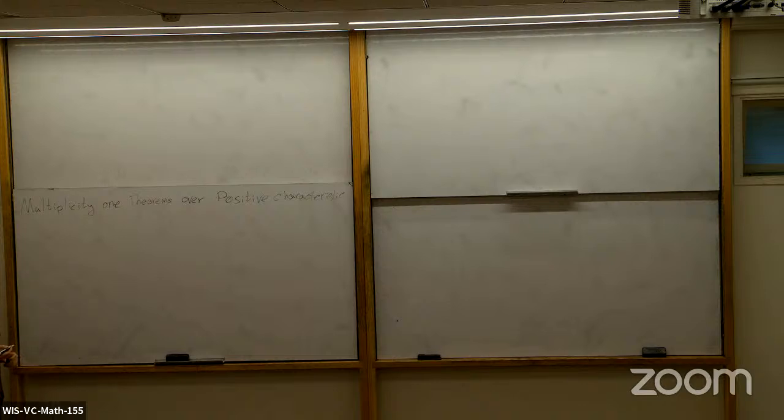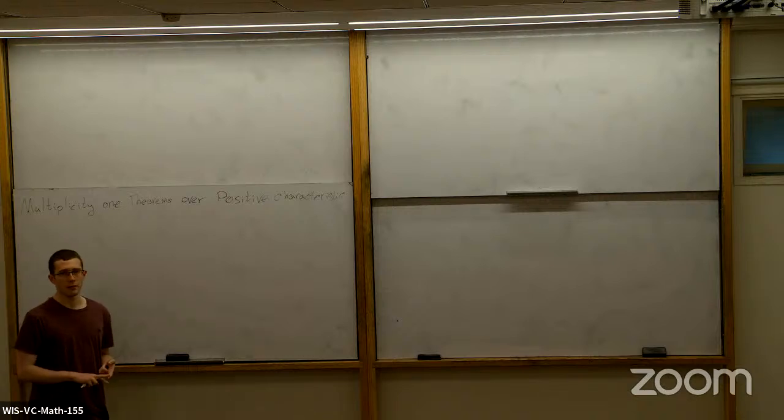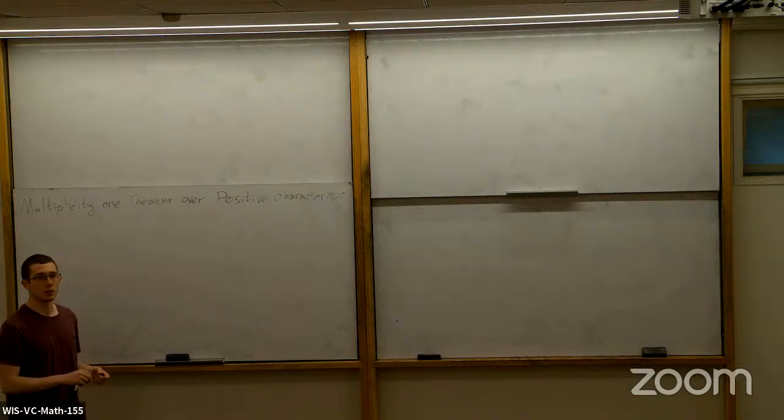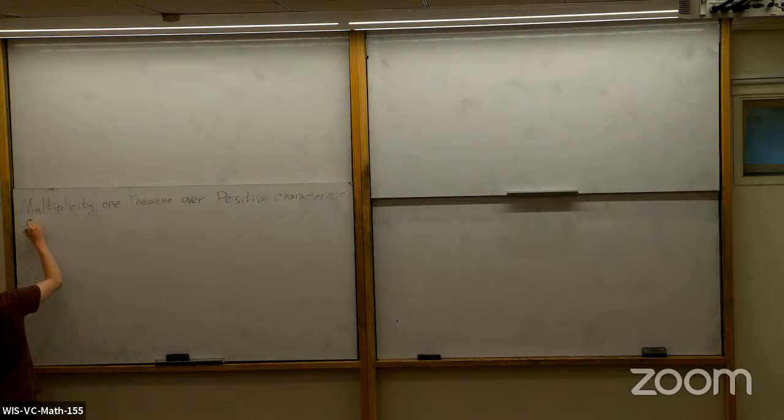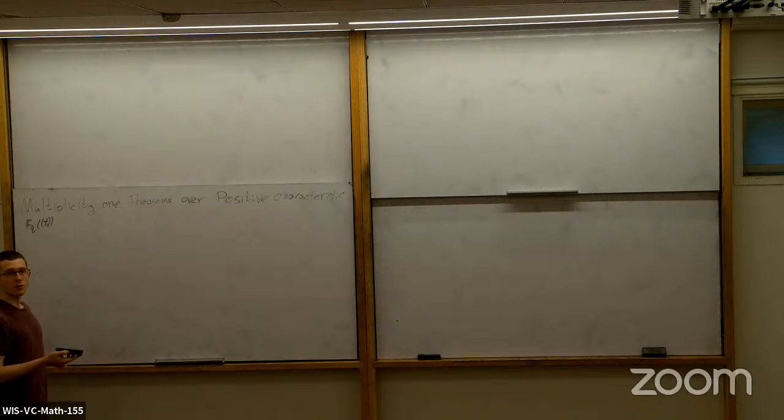A local field is either Archimedean, which is R or C; or p-adic, which is a non-Archimedean local field of characteristic 0; or a positive characteristic local field, which looks like a finite field and some power series. So these are the three kinds, and we'll talk about algebraic groups over these fields.